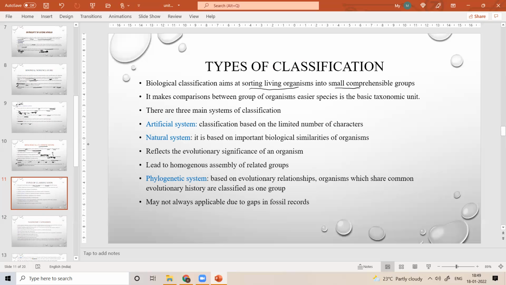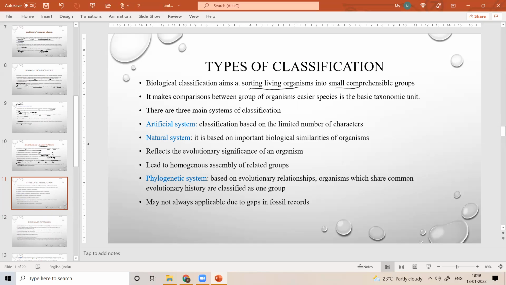If we find a new organism having similar features, we can simply match the characters with the existing ones so that we group them. So we can easily study newly recognized organisms by relating them with the already classified organisms. That is why biological classification is helpful.